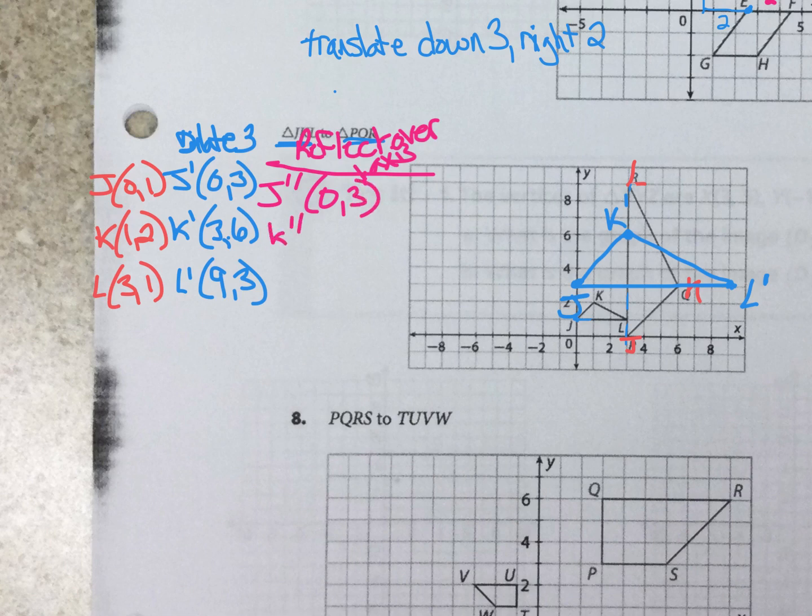K double prime is going to be negative 3, 6. And L double prime will be negative 9, 3. So I got J double prime, K is negative 3, 6, and L is negative 9, 3.